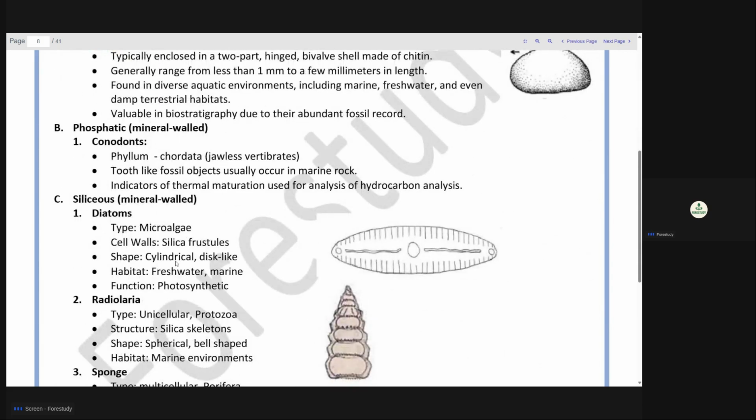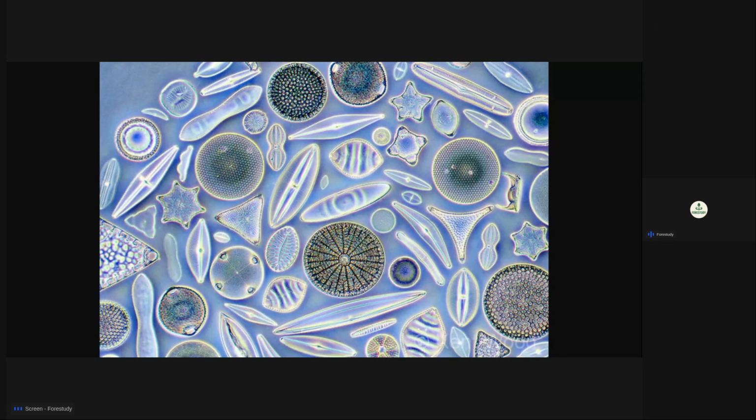Okay, so I'll show you diatoms. Where was it? This one, no? Yeah. So as you can see, these are the different kinds of diatoms.